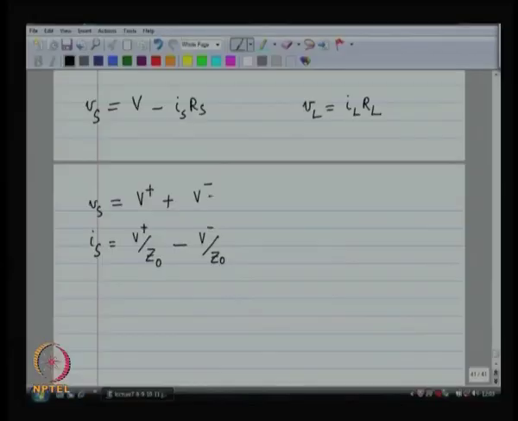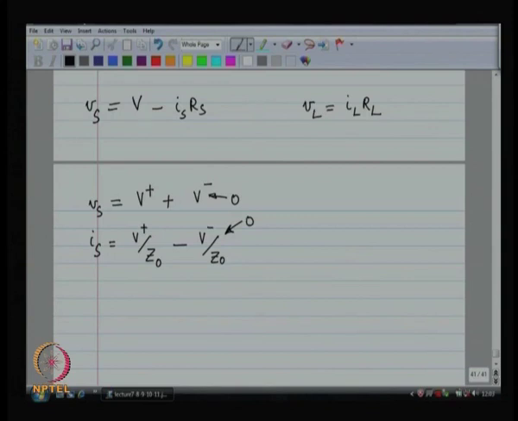So, nothing is coming backwards, you are about to apply the pulse, nothing is coming backwards. So, there is no backward moving wave initially. Initially when you launch your wave, there is no backward moving wave, you just launch it. So, V minus initially is 0, right. So, you only have a forward moving wave.